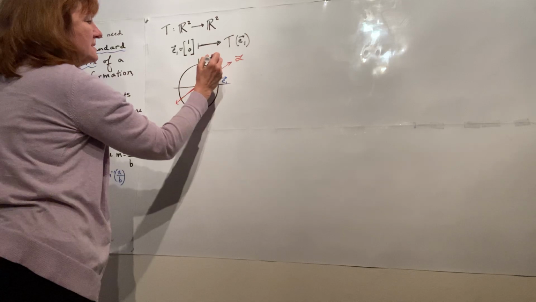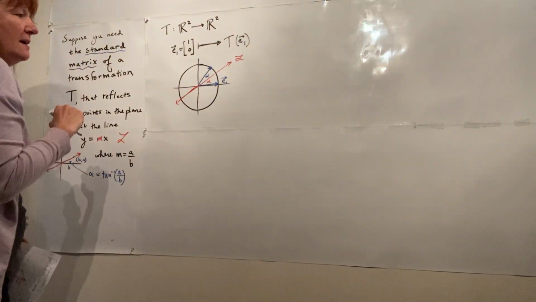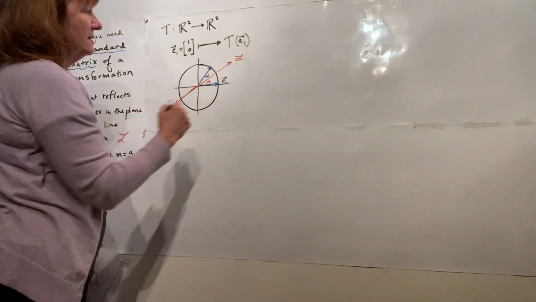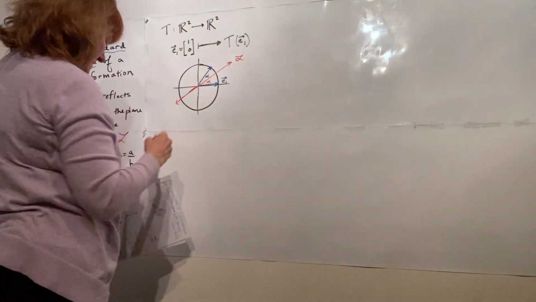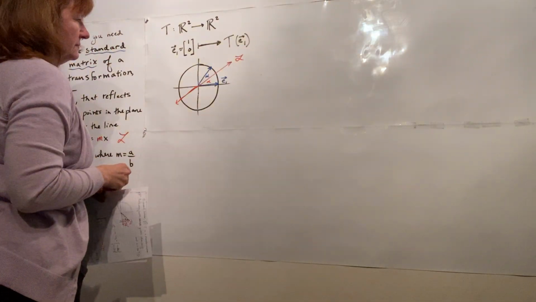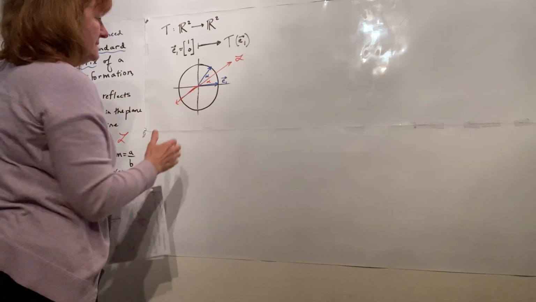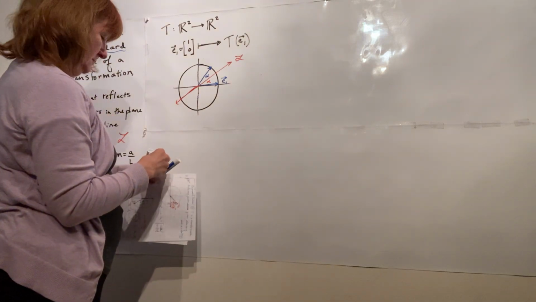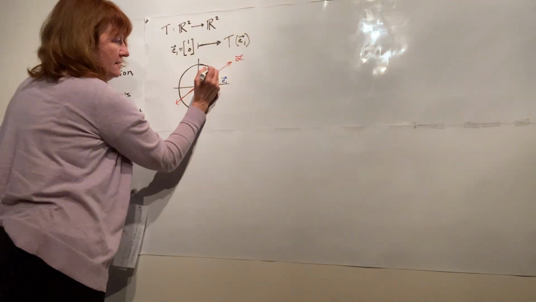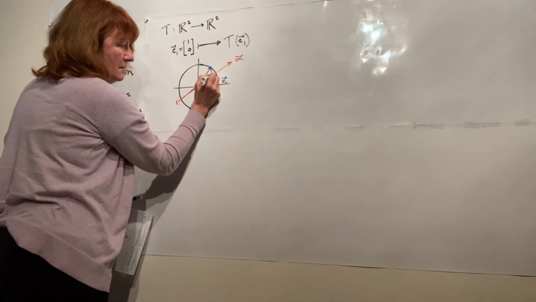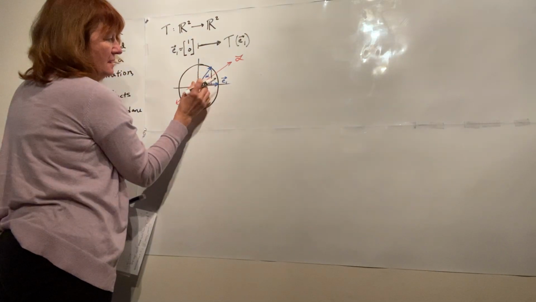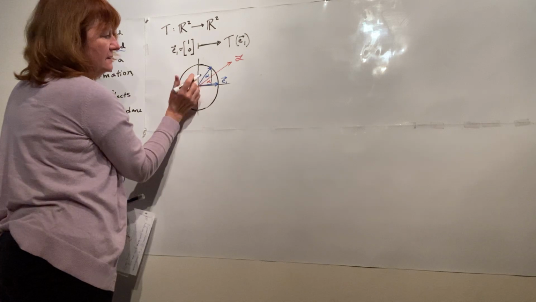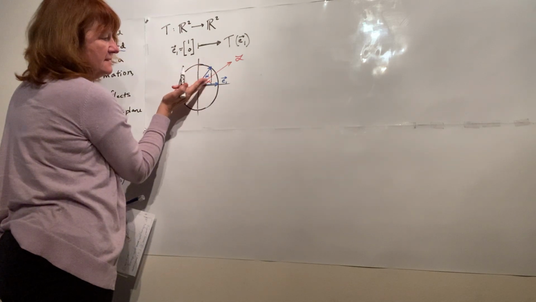So if you find the coordinates of this point, then we know exactly what to put in for the components of T of E1. Well, that's actually kind of simple. We drop a perpendicular down here. The angle that it makes with the positive x-axis is 2 alpha.